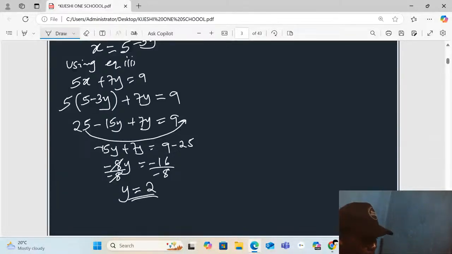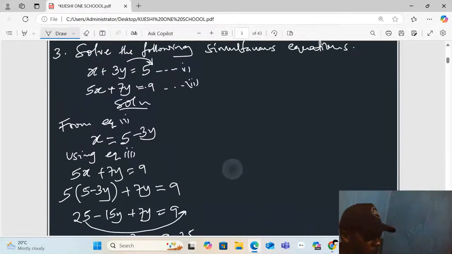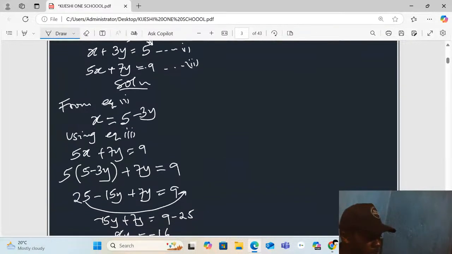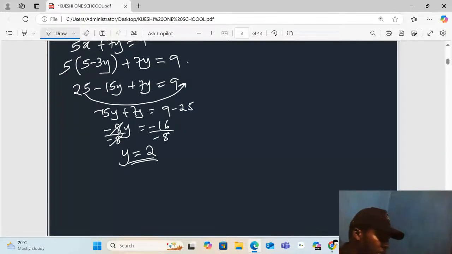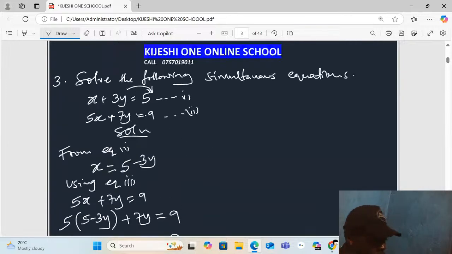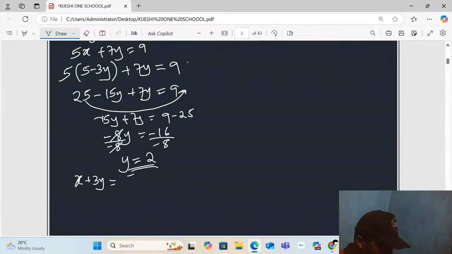Now, since we have y, we calculate the value of x. You can use any of the equations. Let me use equation 1, which says x plus 3y equals 5.